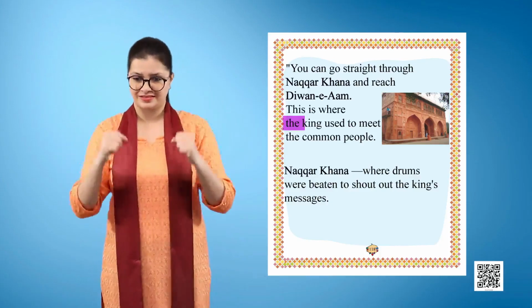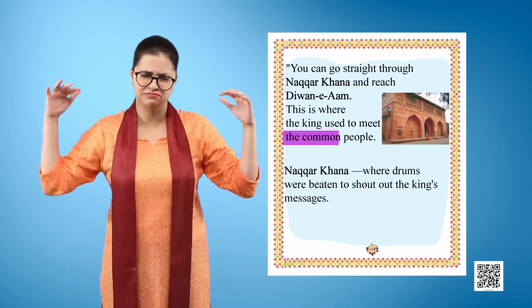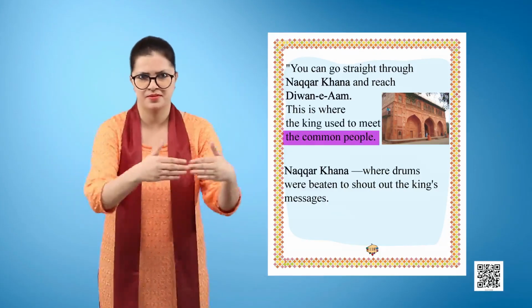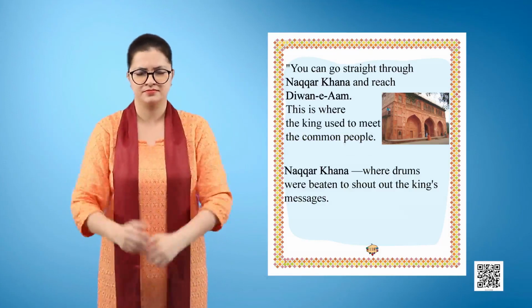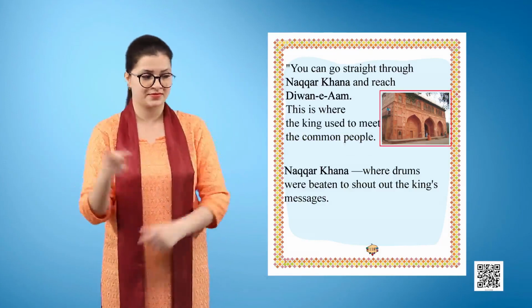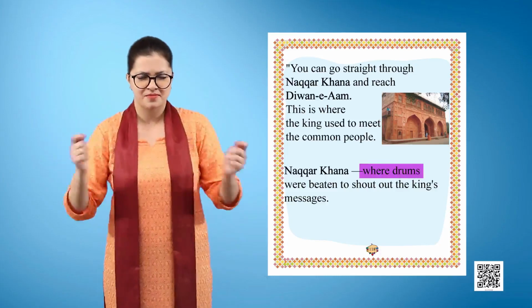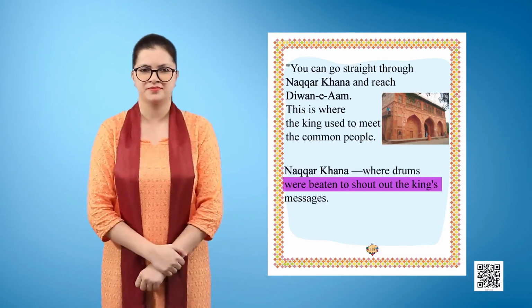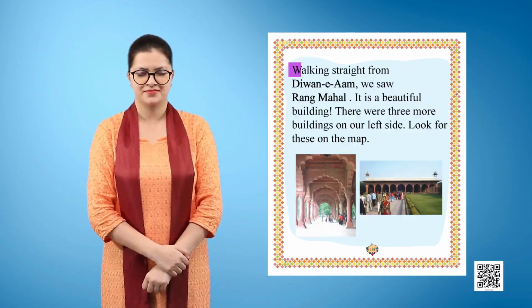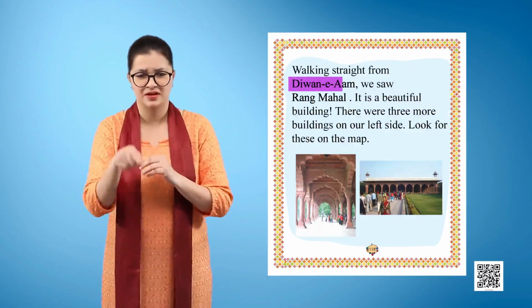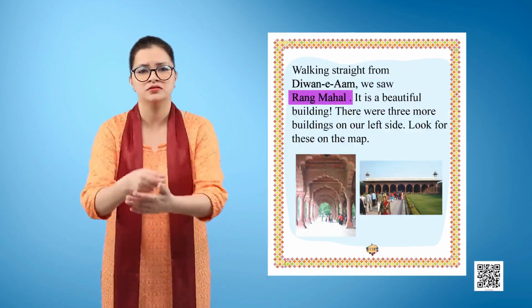This is where the king used to meet the common people. On the left of it, we see a picture of Nakkar Khana, where drums were beaten to shout out the king's messages. Walking straight from Diwan-e-Aam, we saw Rang Mahal.